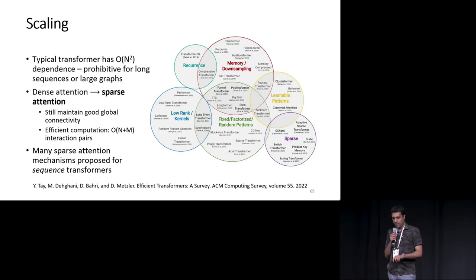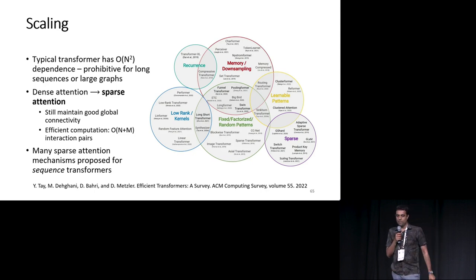Okay, so the final thing I want to discuss pertaining to graph transformers is this scaling issue. So the typical, kind of vanilla transformer, whether in the sequence world or in the graph world, you have a quadratic dependence that's coming from kind of connecting every node to every other node.